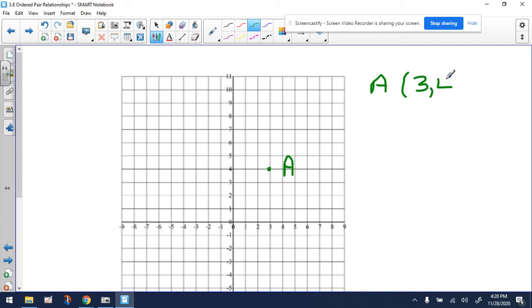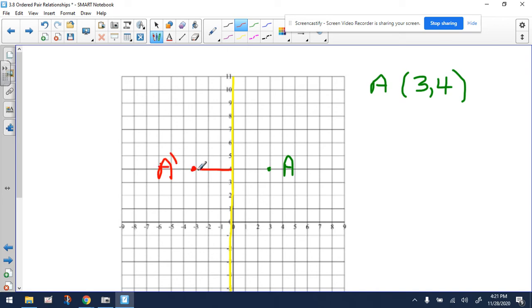So if we're going to reflect that over, how about the y-axis, that means we're going to put it on the other side of this yellow line because the yellow line is the y-axis. Now, remember that it's going to be the same distance from the y line, only it'll be on the other side. So if we think about putting that on the other side, that means the reflected point will be here, and we'll put an apostrophe.